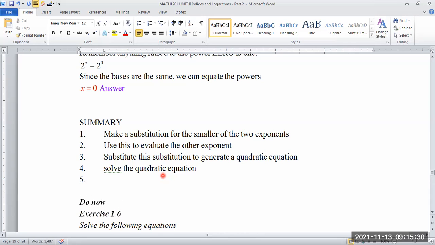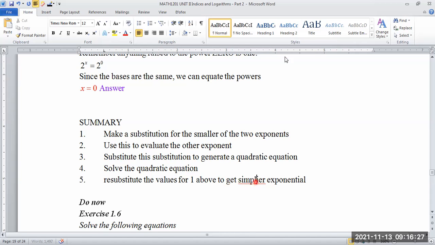Then step five: when you solve the quadratic equation, you are going to resubstitute the values for step one above, for the smaller of the two exponents, to get smaller or simpler exponential equations.